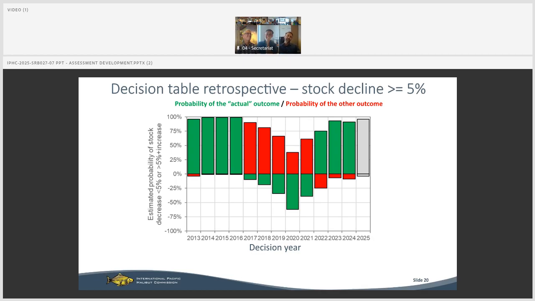Like I said, these are a death by 1,000 cuts, right? If you accept that you're willing to live with a greater than 5% decline at 25% probability, and you keep doing that, you're going down pretty fast, actually. I mean, 5%, what's the production rate?